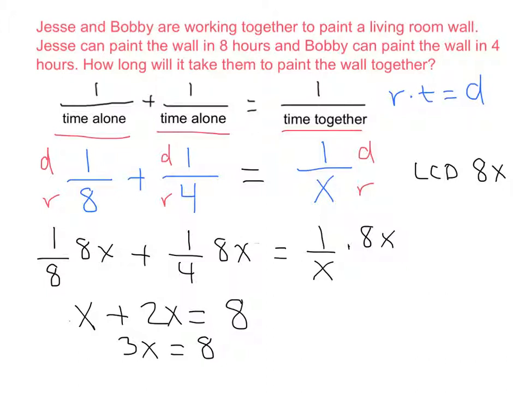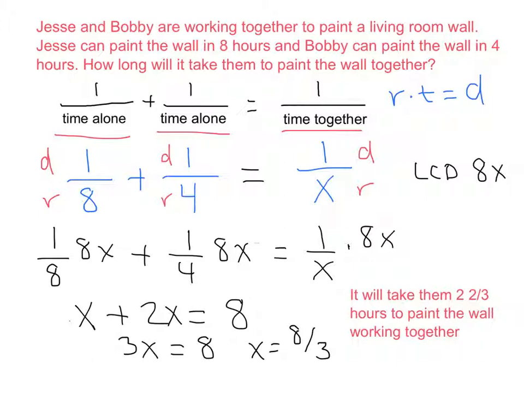Our final answer is going to be x equals 8 over 3. And like always, whenever we have a word problem, you need to finish your answer with a complete sentence. It will take them 2 2/3 hours to paint the wall together.